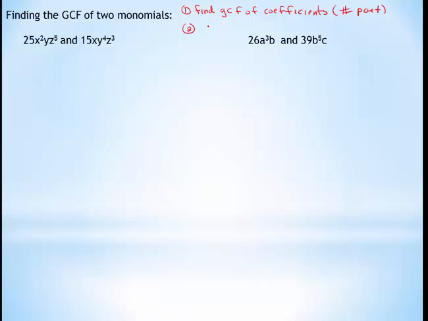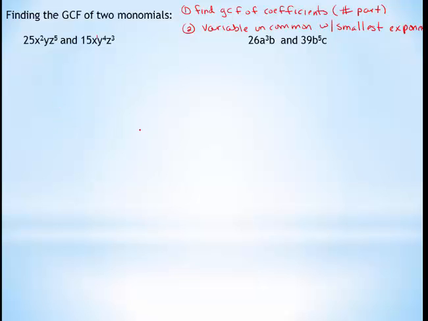And then I take the variables in common with the smallest exponent. Okay, so here, for example, I have x squared and x. They have an x in common, and the smallest exponent will be that 1.